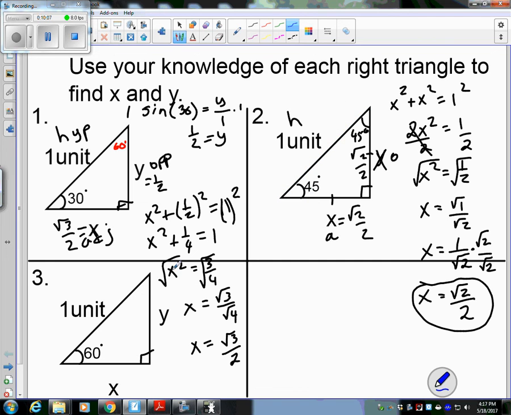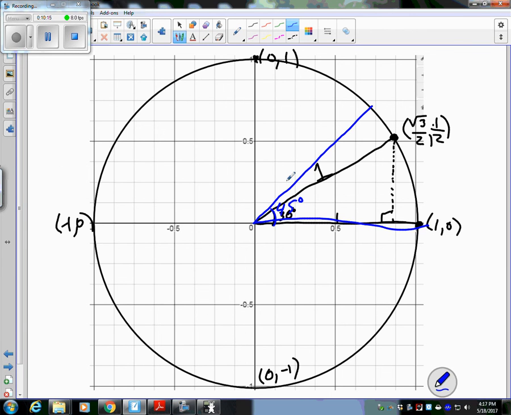Remember square root of 2 over 2 for both x and y. We have a triangle, and so again the radius is 1, so this coordinate here, if you look back, is square root of 2 over 2 for the x and square root of 2 over 2 for the y.